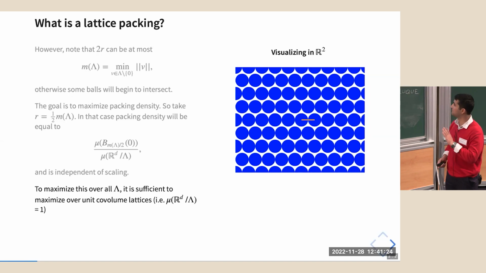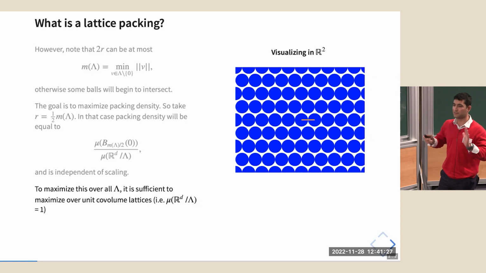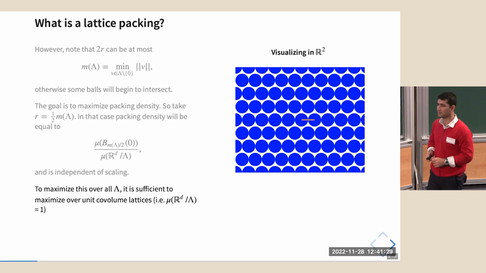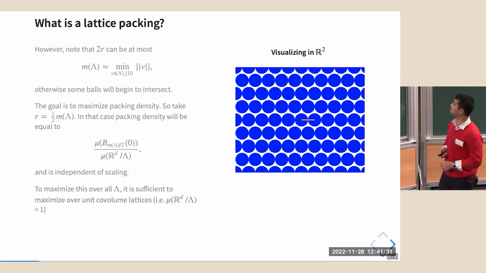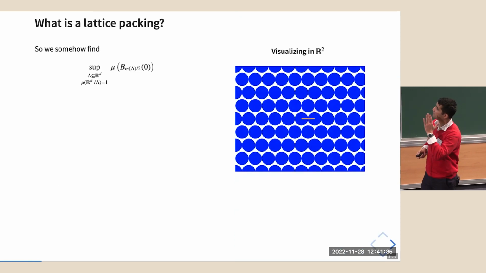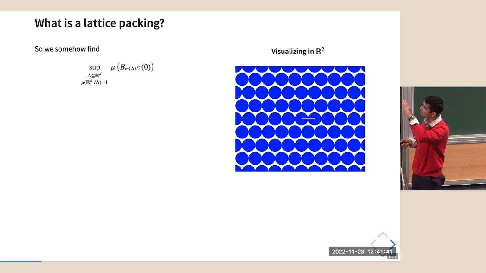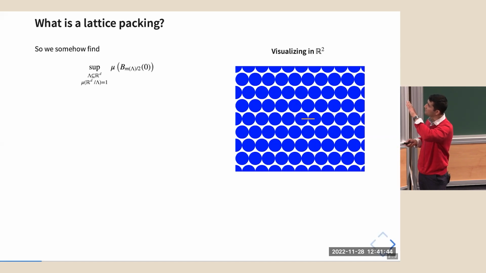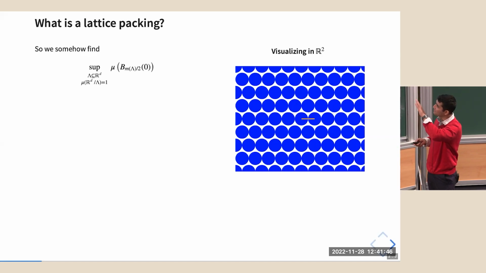So you can assume that your lattice has unit covolume, what is called. So if you assume it's unit covolume, the denominator in the packing density is 1. So you want to find this sort of a supremum, right? Okay, it says lambda is a subset of R to the D, but what I mean is it's a discrete subgroup.